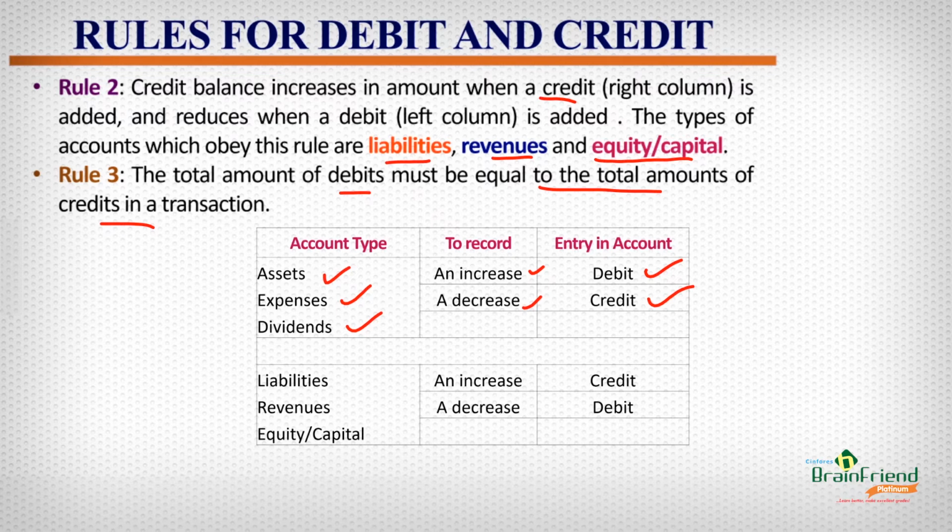If your liabilities are increasing, you're recording it in the credit side. If your revenue decreases, you record such in your debit side. So when you look at your account and you look at what is happening to that account, is it increasing or decreasing, then you know exactly which entry they should fall under.